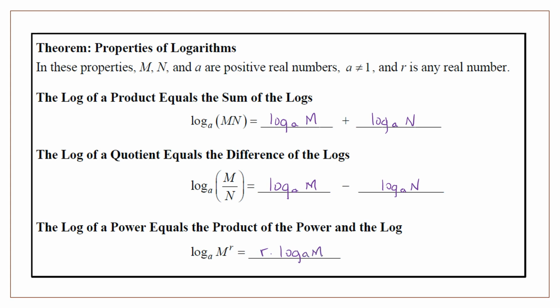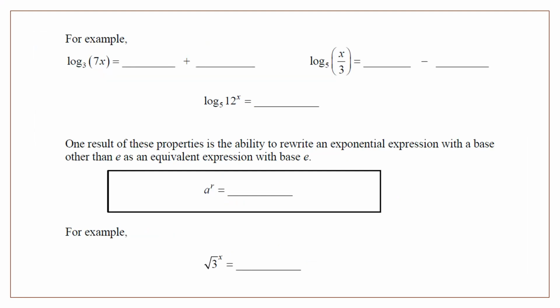We can utilize these properties to condense and expand logarithms, which we will be doing shortly. For example, log base 3 of 7x equals log base 3 of 7 plus log base 3 of x.